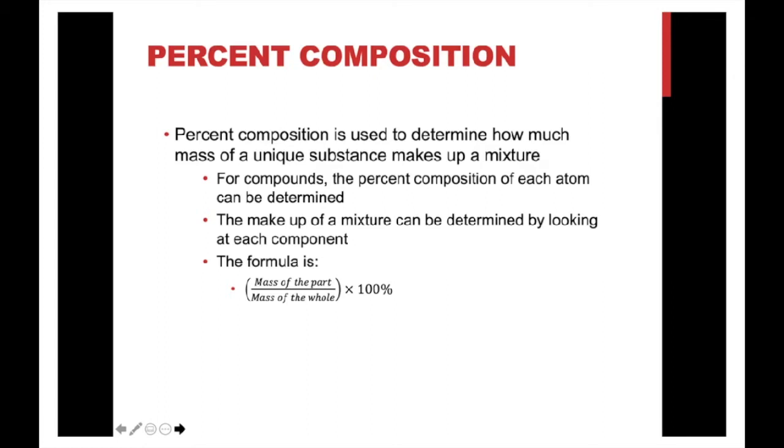The formula is super basic, right? It's just the mass of the part that you're looking at, the thing that you want to know what percentage it is, divided by the mass of the whole mixture. Let that mixture again be a physical mixture you can see, or a molecule, times 100%, right?